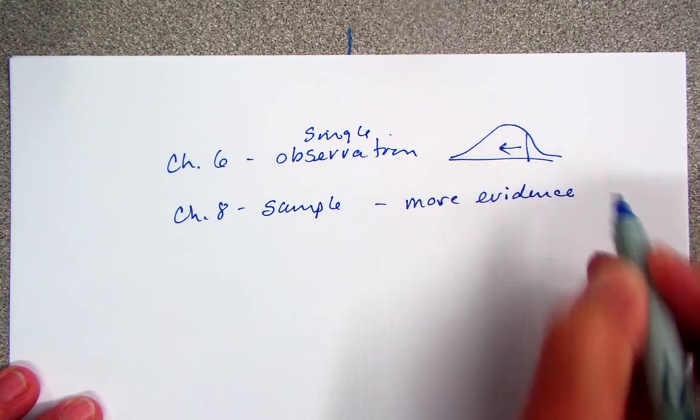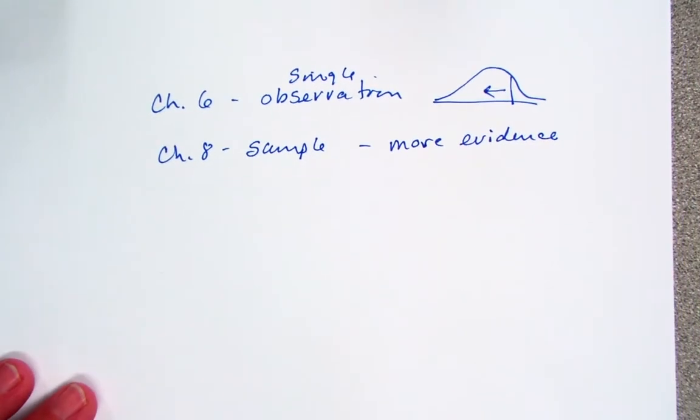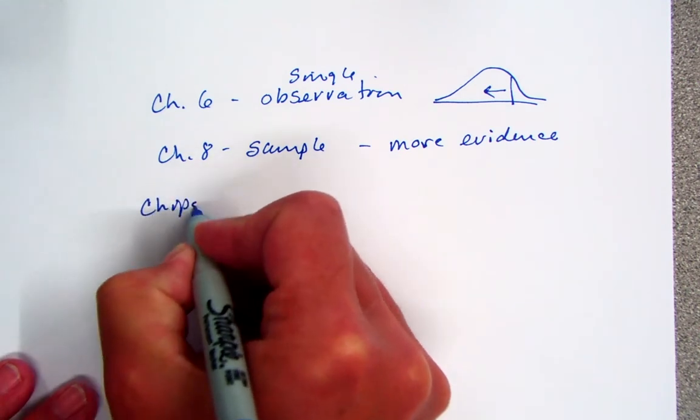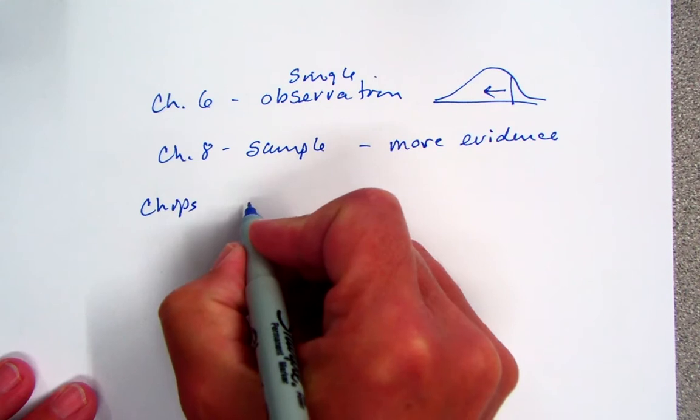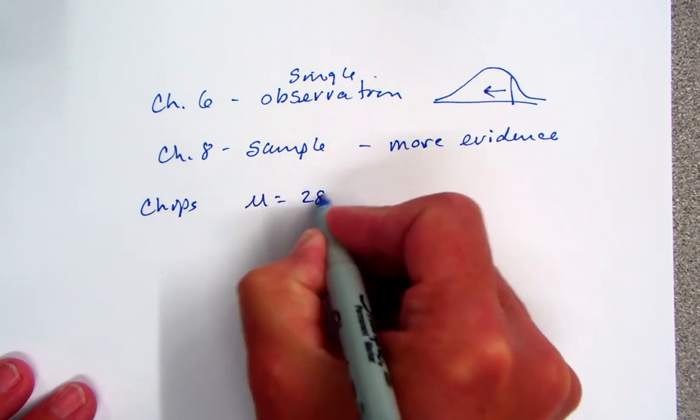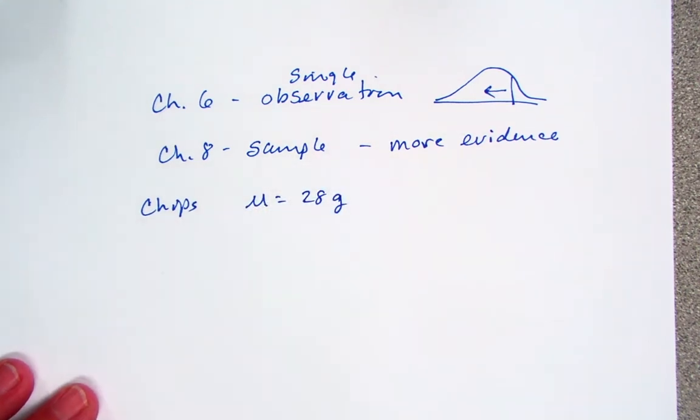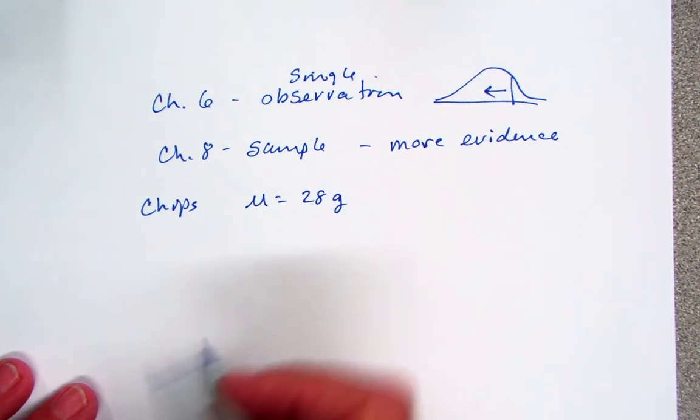For example, I'm going to pretend I have a product, because this is what you're going to end up doing in your final project. I have chips. I measured bags of chips, and the manufacturer says that they should weigh 28 grams. Notice I'm using mu. That's a population mean.